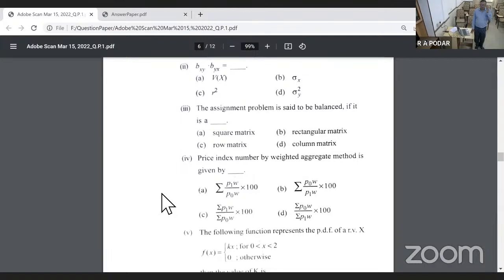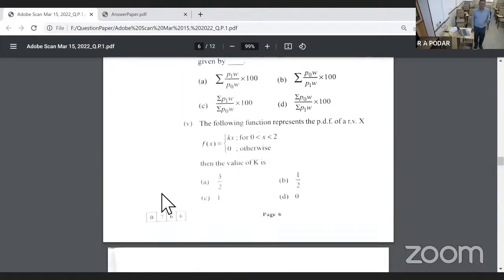So you have to choose the correct formula. During the prelim we had some messages that some options look the same, but they are not the same. You can see carefully. They are not the same. So option C is correct here in the 4th question. Then the 5th one we can see.